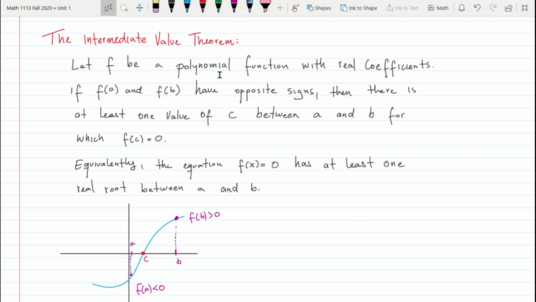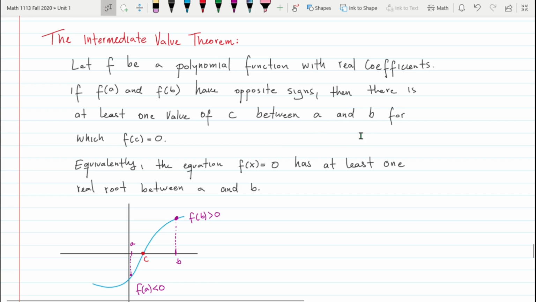Now, if f at a and f at b have opposite signs, meaning that if you plug in a value a into the function and you plug in a different value b into the function, and those answers have opposite signs, then there's at least one value c between a and b.